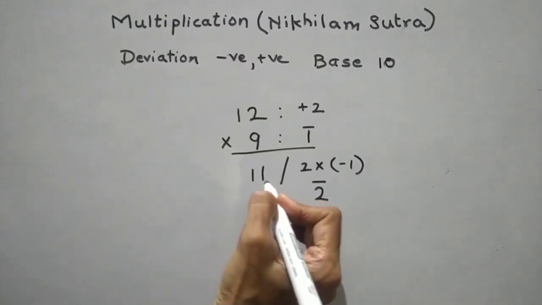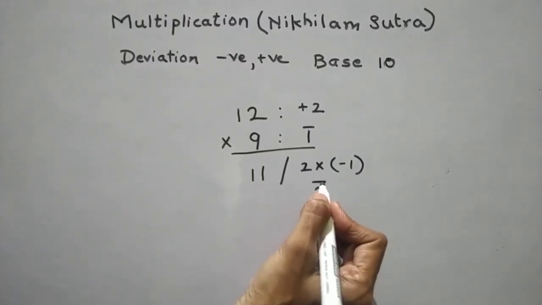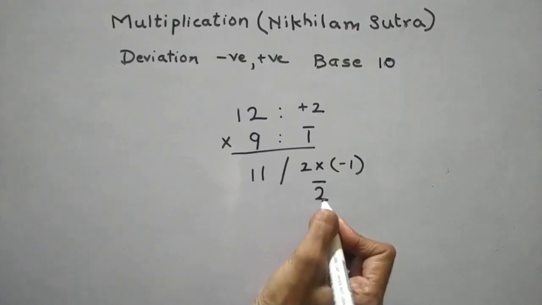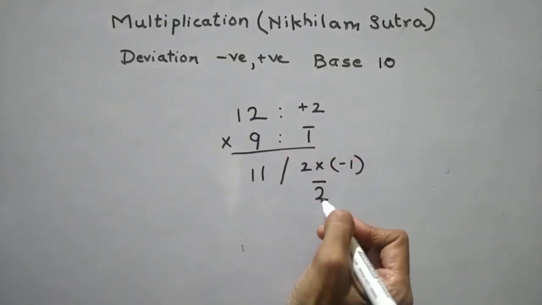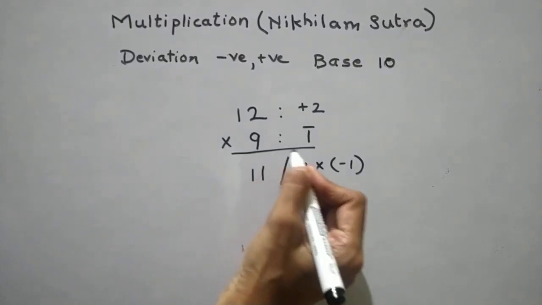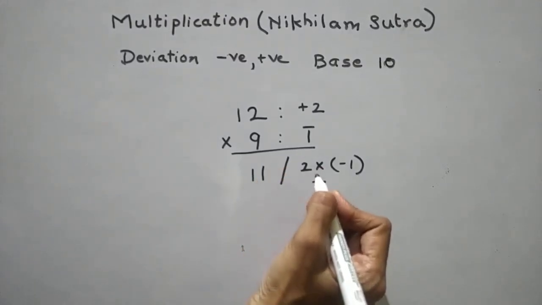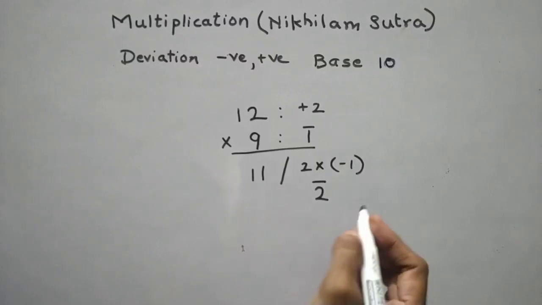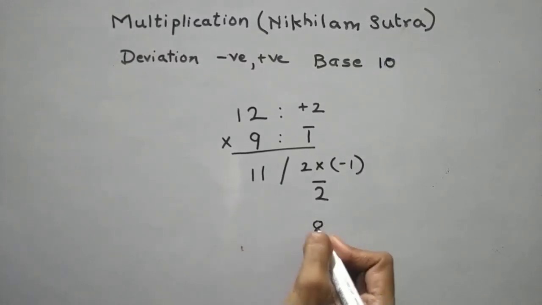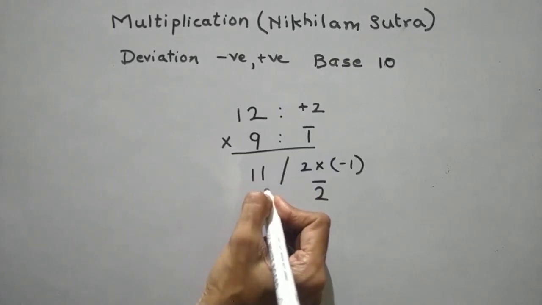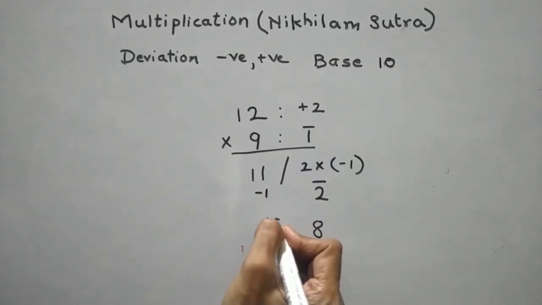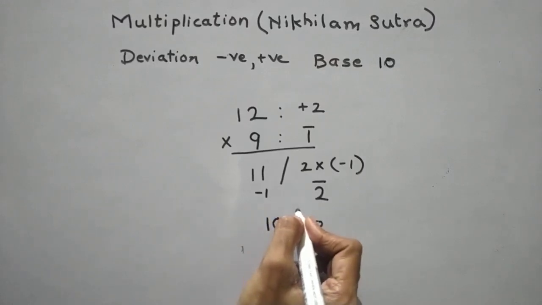Initially we had a positive number here, but now we have a negative number. Since the base is 10, we do 10 minus 2, the 10's complement, and we get 8. In the other number we subtract 1, so 11 minus 1 is 10.